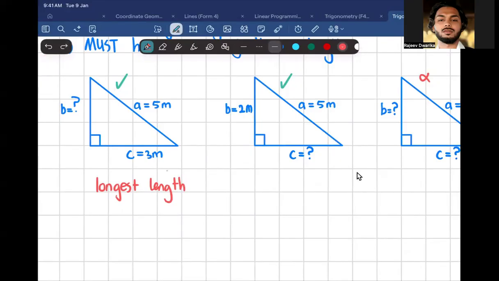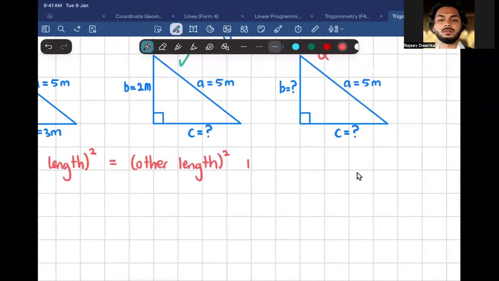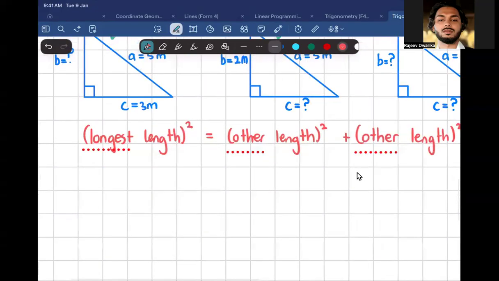So the longest length squared will be equal to the other length squared plus the other length squared.